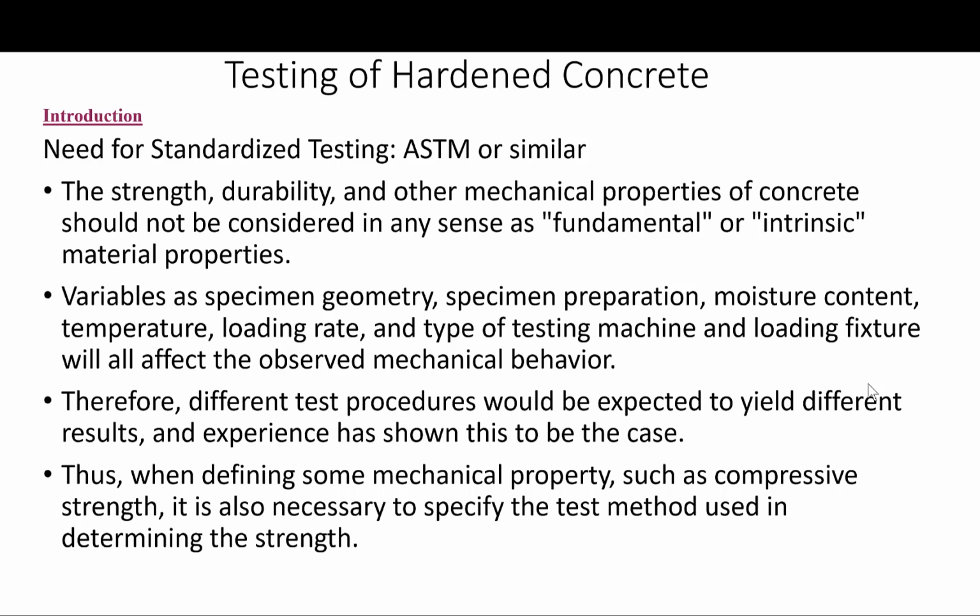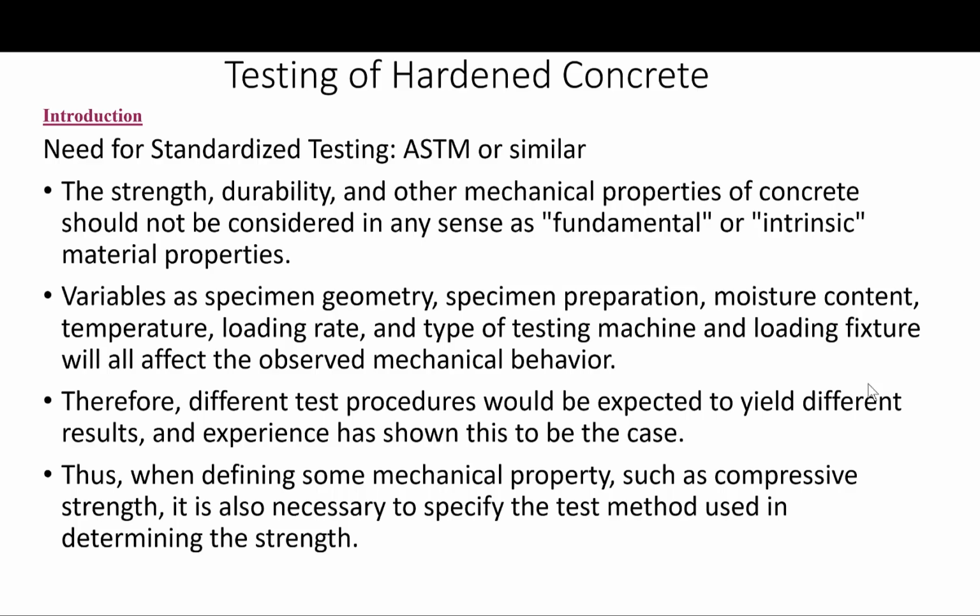So different test procedures would be expected to yield different results, and experience has shown this to be the case. So, when defining some mechanical property, such as compressive strength, it is also necessary to specify the test methods used in determining the strength, okay?